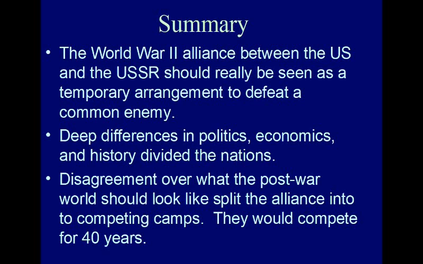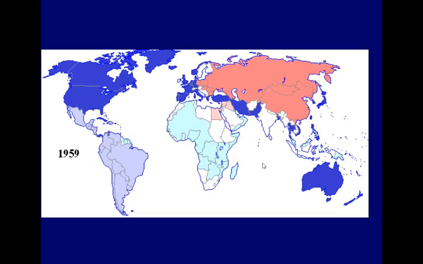But in spite of this alliance, there were deep differences in politics, economics, and history. And obviously, at the end, after having defeated Hitler, these differences broke up and the Cold War started.